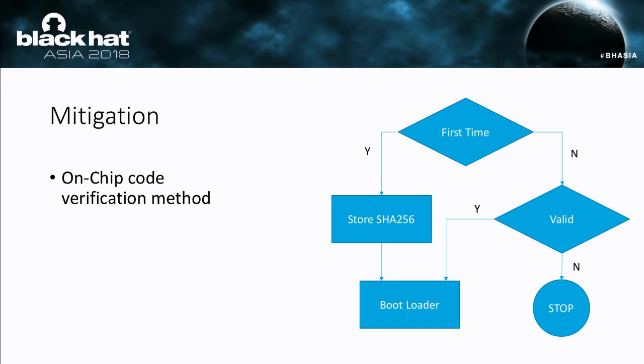However, if the content of the bootloader has been altered, the IoT device should respond to this modification and stop, in order to avoid the propagation of the worm attack. And then we will discuss the advantages of this method.